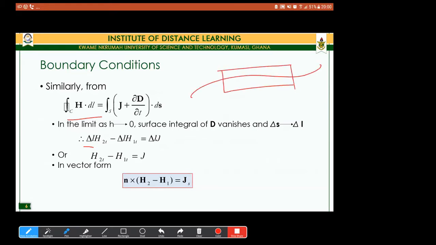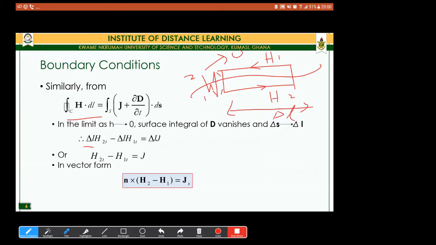So this is boundary 2, boundary 1, where H1 will be in this direction and H2 in this direction, and the length here is simply delta L. If you want to sum across this height, h is approaching 0, so it's as though these two lines are merging at the interface.